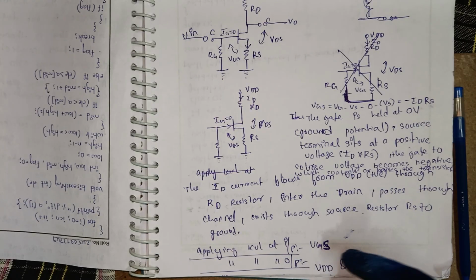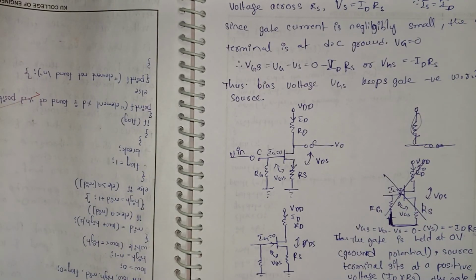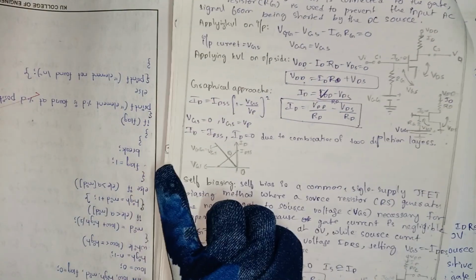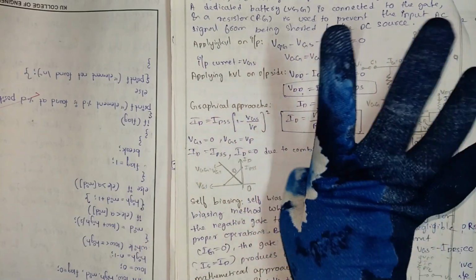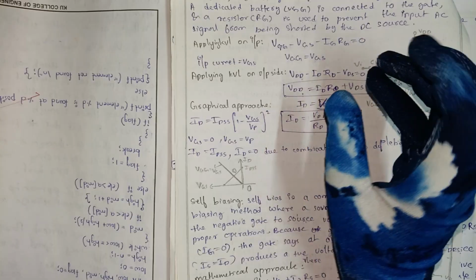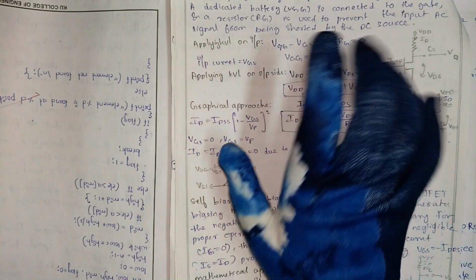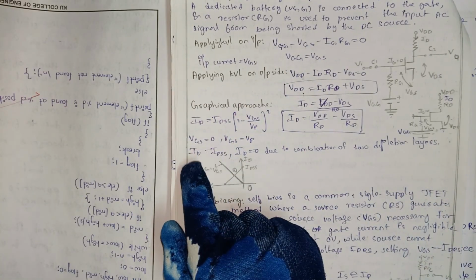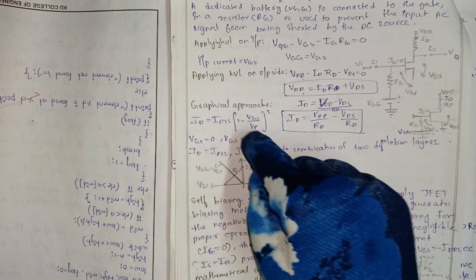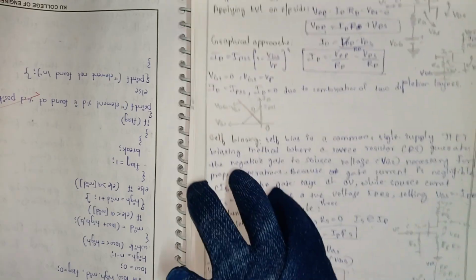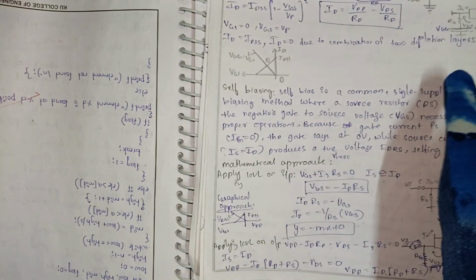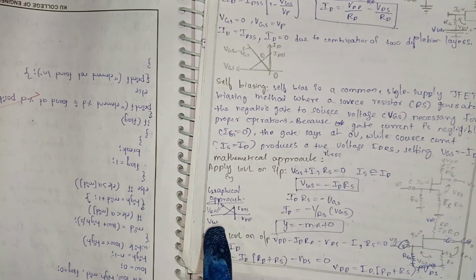And then the graphical approach is the same for the four types of biasing, having the same calculation: VGS is equal to 0, ID is IDSS, and VGS is equal to VP, ID is equal to 0, and the graph will change.